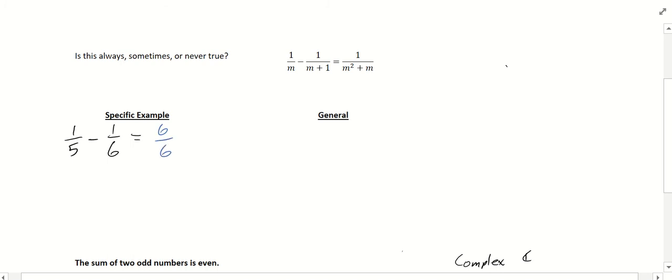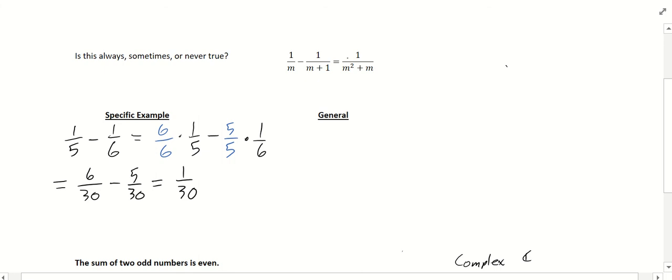So we can multiply the first fraction by 6/6 and the second one by 5/5. That'll give me 6/30 minus 5/30, which is 1/30.